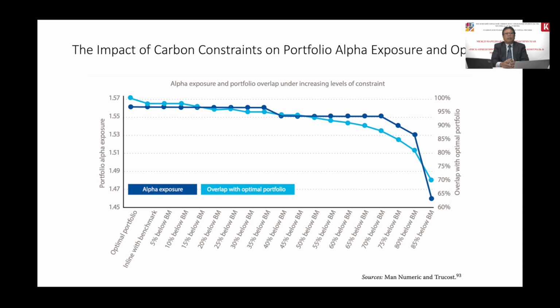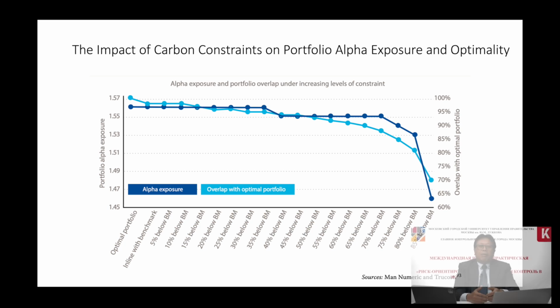Then, let me go to the next slide. The impact of carbon constraint on portfolio alpha exposure and optimality. If we talk about integrating ESG within a portfolio, it's worthwhile to understand how ESG factors affect the alpha exposure and optimality. One of the ESG factors in this case is carbon constraint.